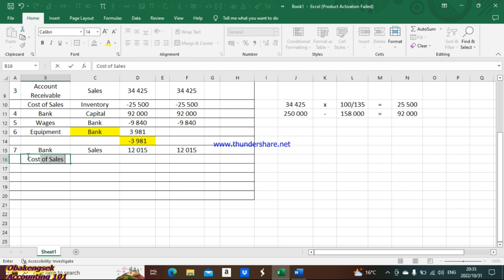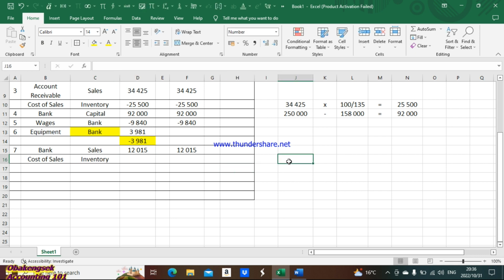Then we have cost of sales and inventory. So this one we're going to calculate again.